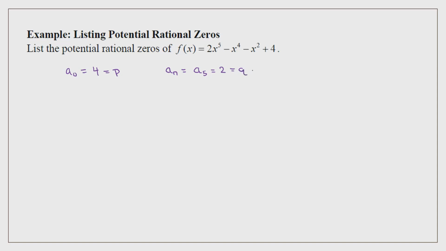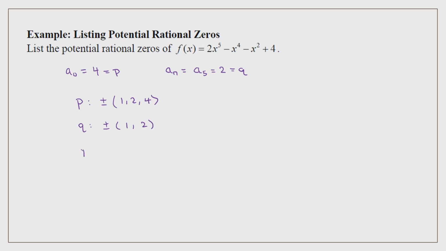Okay? So now we need to find p and q in lowest terms. So let's first find the factors of p. So p is 4, and the factors of 4 are 1, 2, and 4, plus or minus. The factors of q, which is 2, are 1 and 2.